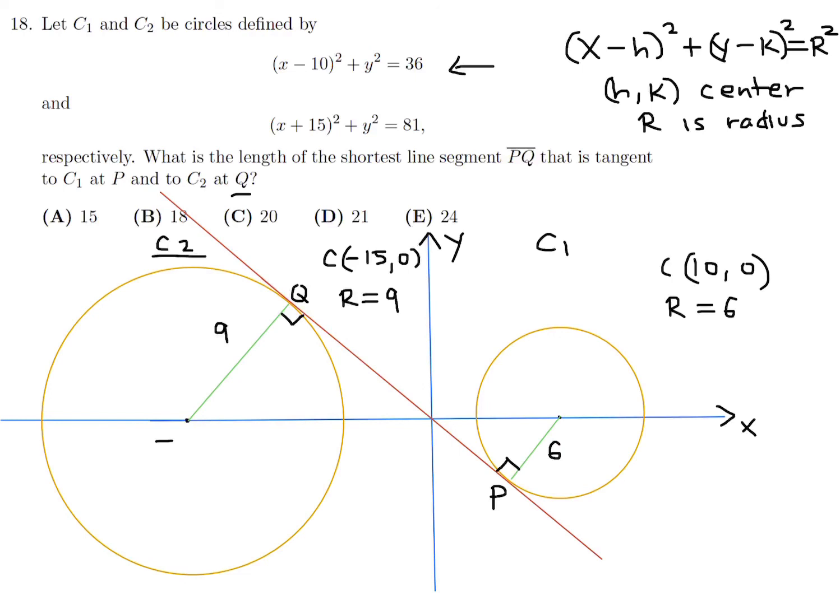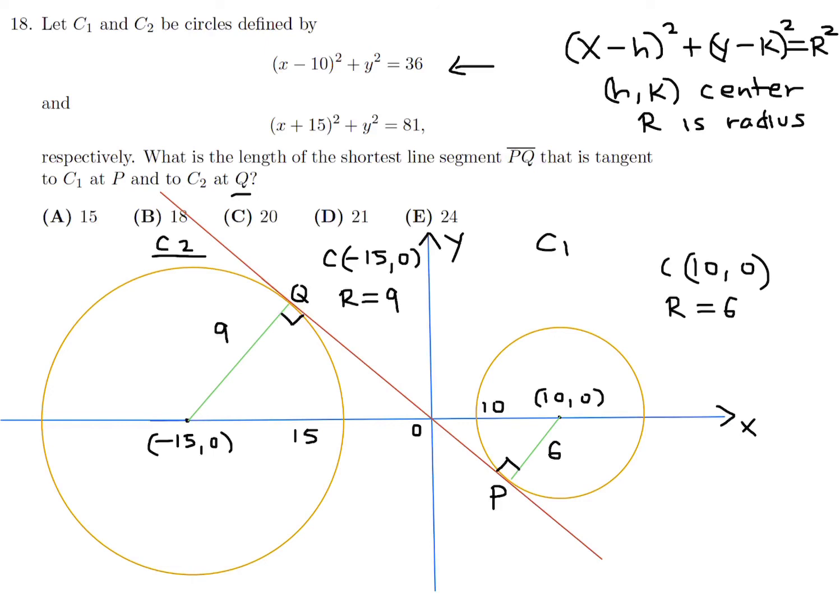We know the center is minus 15, 0. So we know that from here to here is 15 in terms of a length. And similarly, we know this center is 10, 0. So the distance from the origin to that center point is 10. And I see two Pythagorean relationships here.